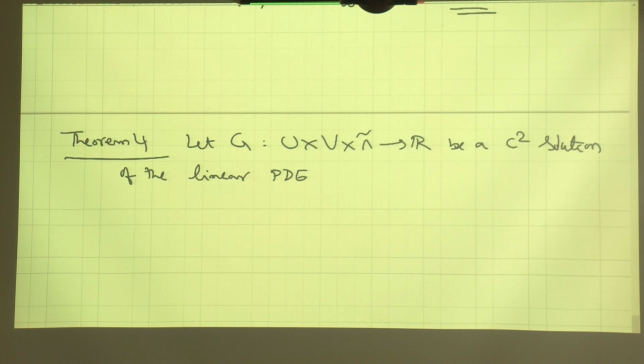You know the difference between linear and quasi-linear, right? Maybe it's linear. Let's see.